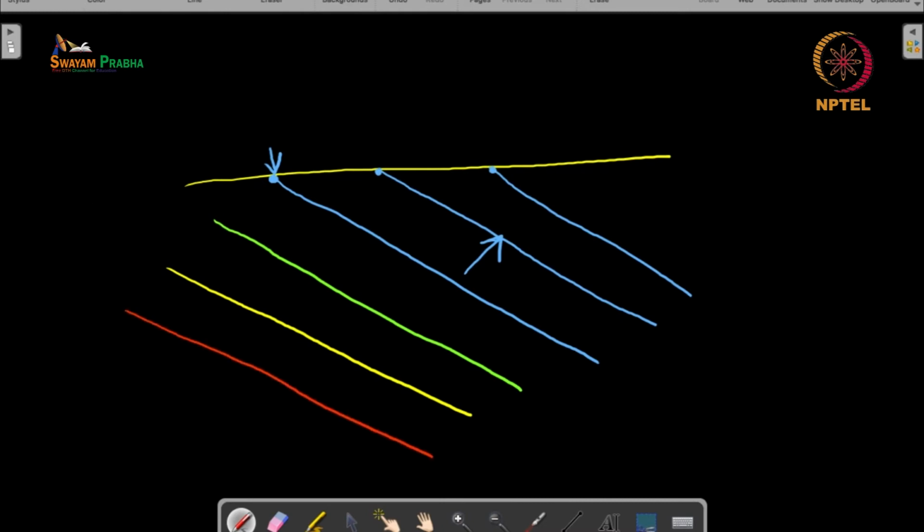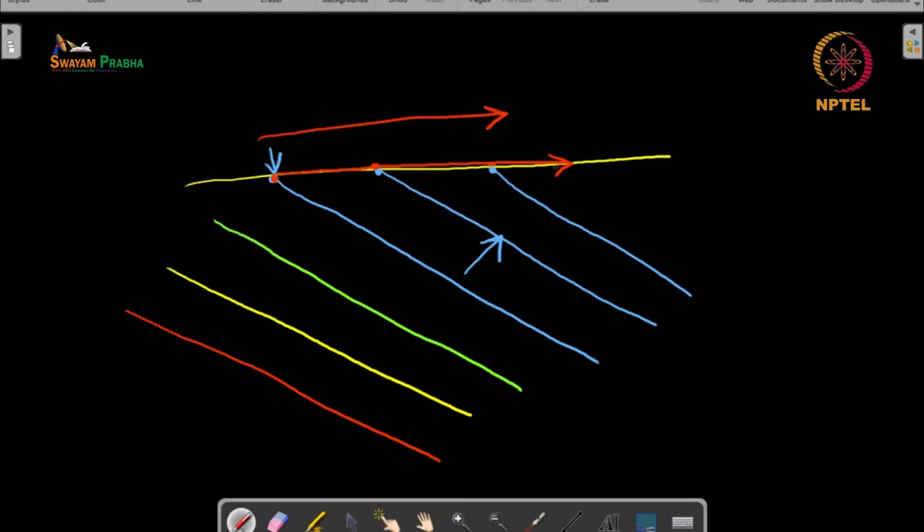So this train of waves goes on releasing energy in this sequence. So you'll have energy release first here, then here, and so on. So at all of these points, we are getting a release of energy in this direction.